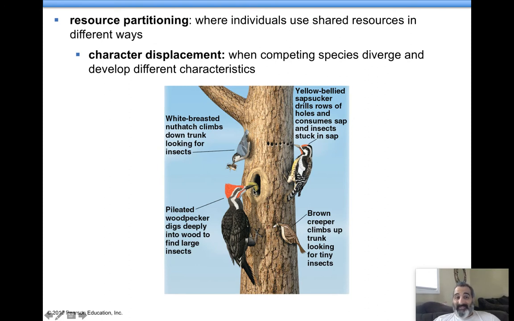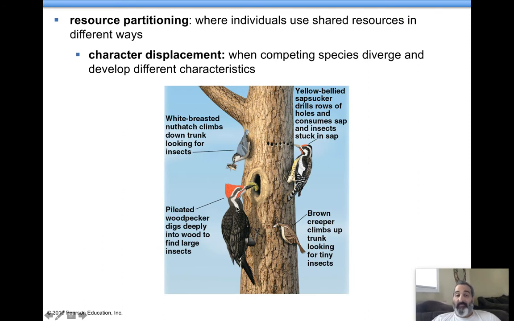Okay. What does this do? Well, this causes character displacement. What that means is these different species of birds are living in a partitioned environment where their resources are all divided up, so they start evolving, they start adapting. Character displacement basically means that the species are going to diverge in their characteristics, and that's because their food sources are limited.